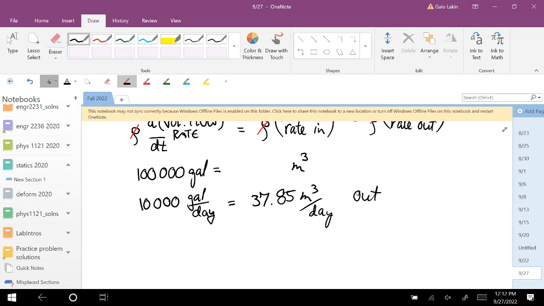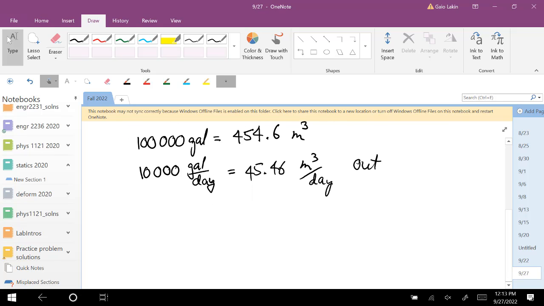So 100,000 gallons is 454.6 cubic meters. 10,000 gallons a day is 45.46. It's added at a rate of 22.73 e to the minus t over 20.